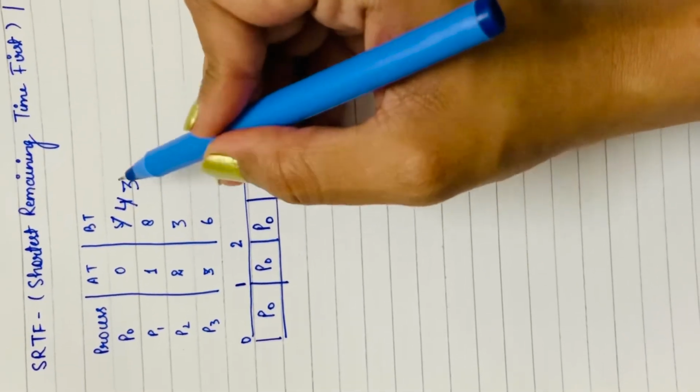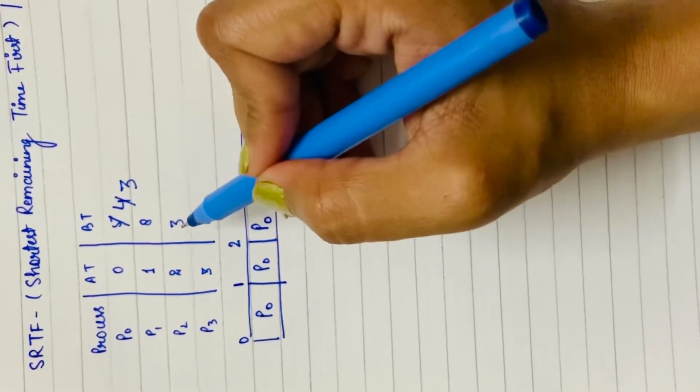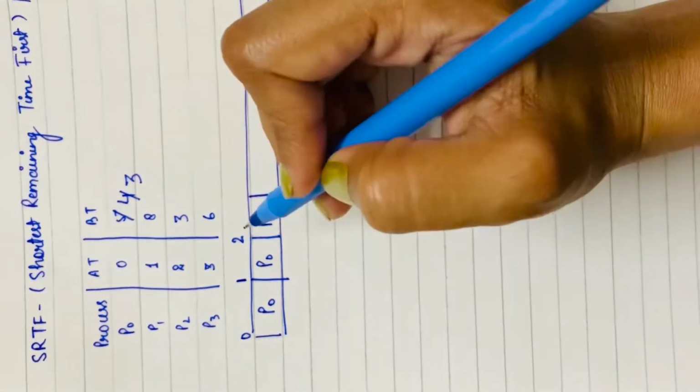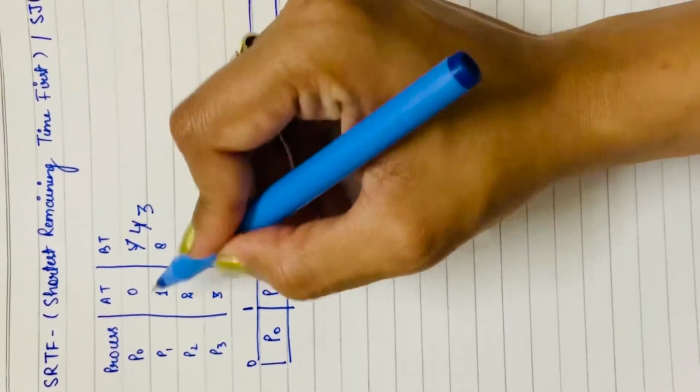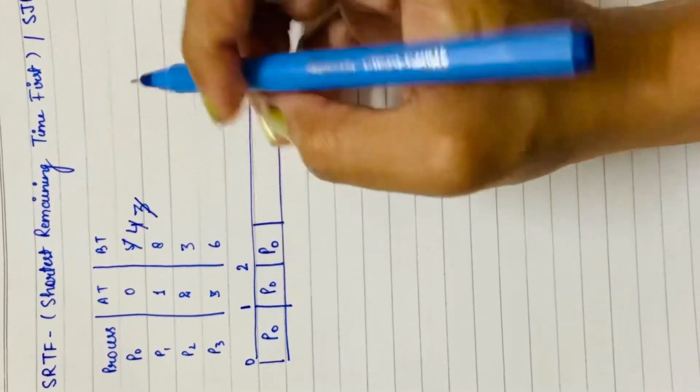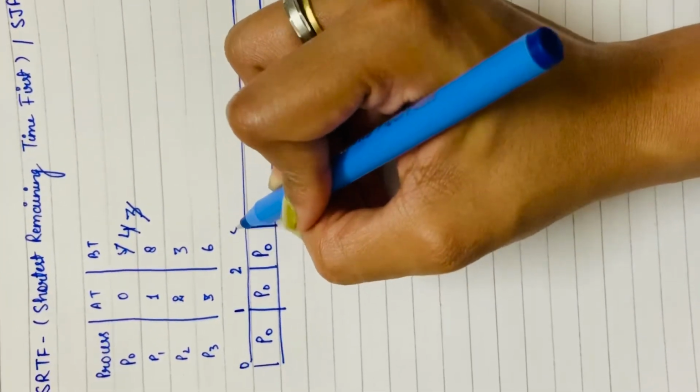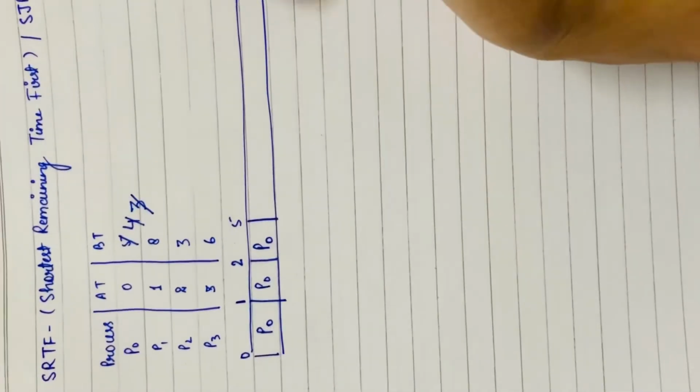3 is the smallest one, and there is no other process with a smaller burst time than 3, so we'll execute P0 completely. So 3 plus 2 is 5. Now P0 has finished its execution.